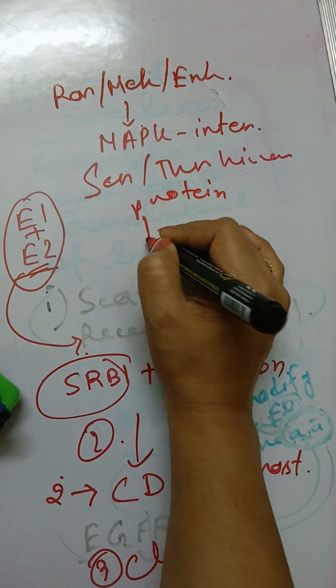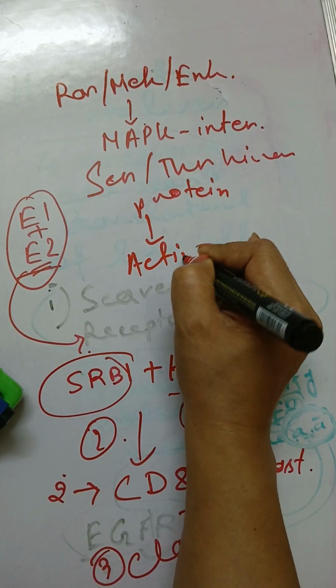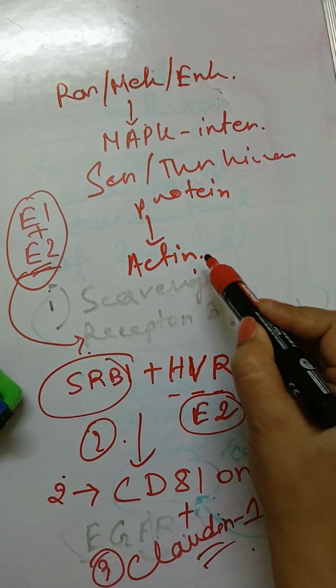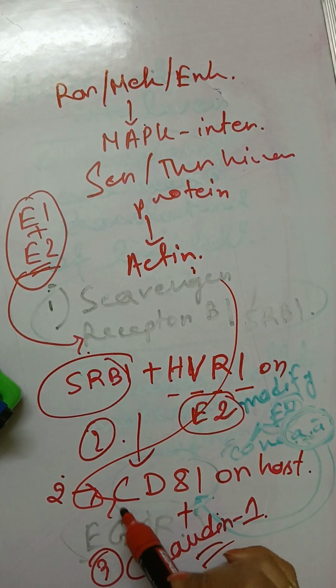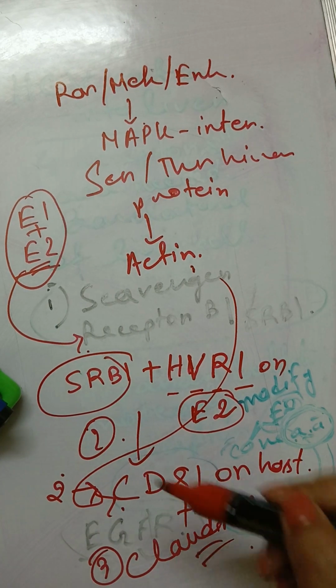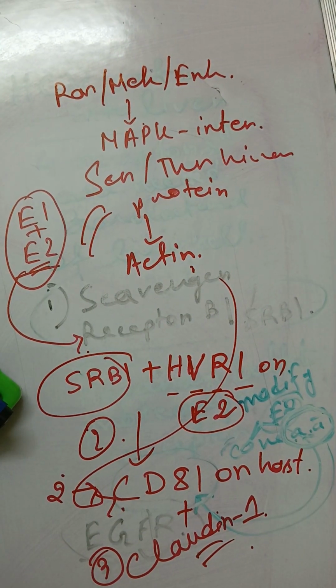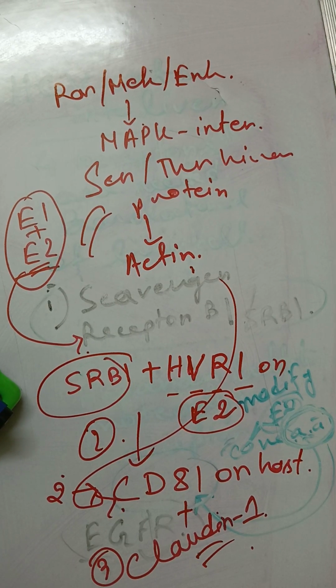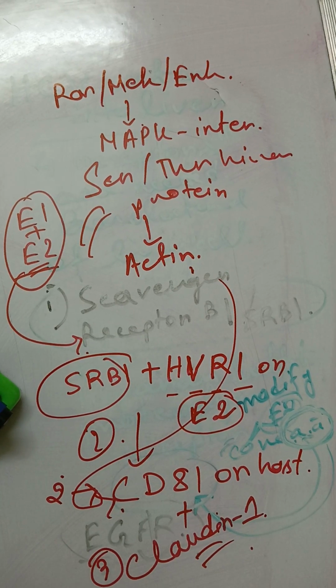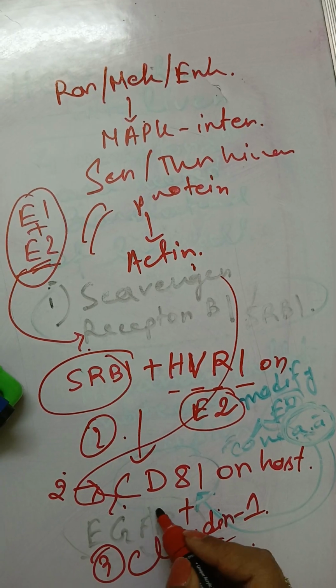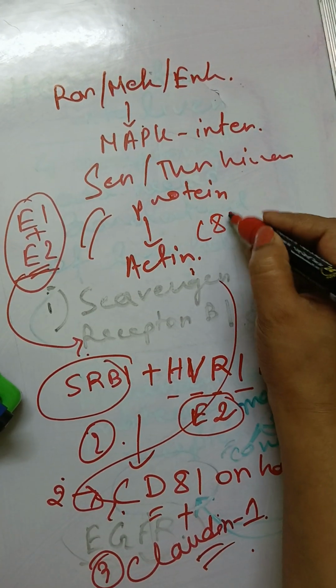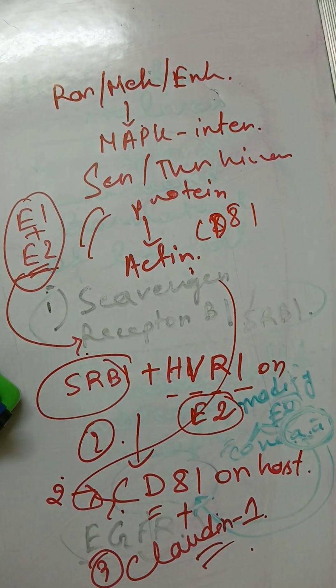Okay, that will further activate actin, and actin will help this CD81 to translocate again to the cell surface, the basolateral surface of the liver cell of the animal host. So CD81 is very dynamic in nature, meaning it is not static.